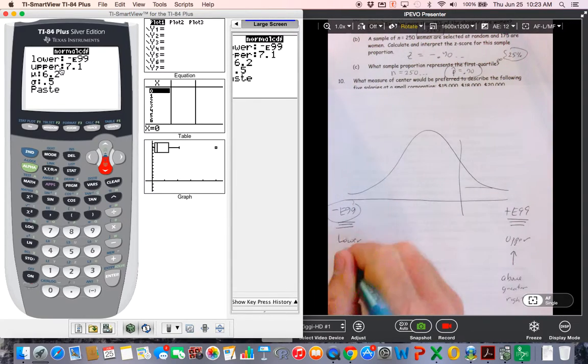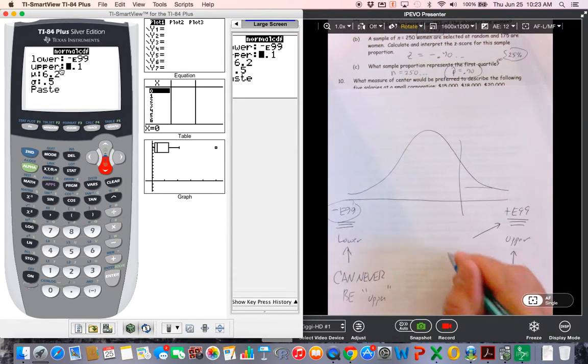So, guys, this number right here can never be in the above or the upper entry. And this number right here can never be in the lower.